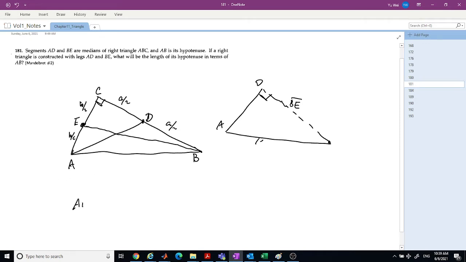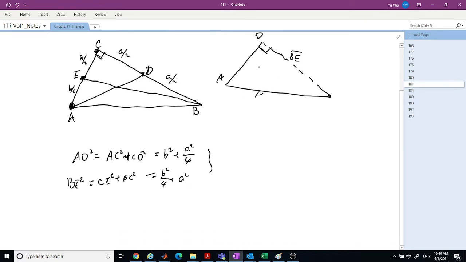Let's solve AD. So AD squared in the triangle ACD is equal to AC squared plus CD squared, which is b squared plus a squared over 4. Similarly, BE squared is equal to CE squared plus BC squared, which is b squared over 4 plus a squared, right?